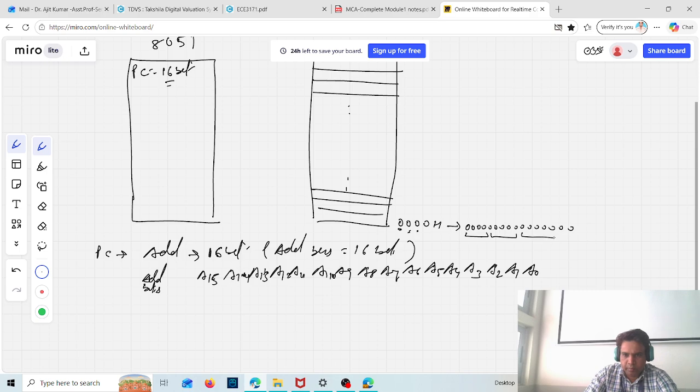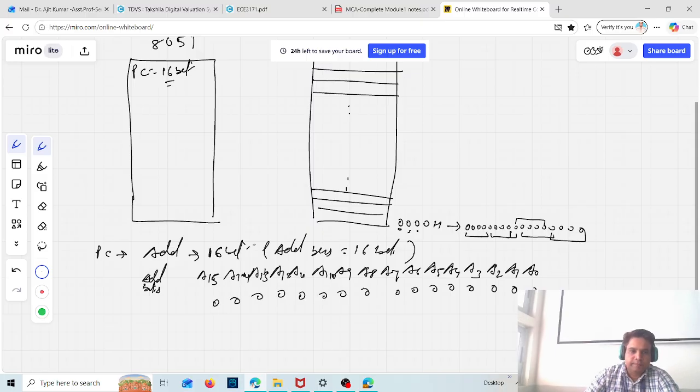So 4 bits, 4 bits, 4 bits, and 4 bits: the starting address will be 16 zeros.